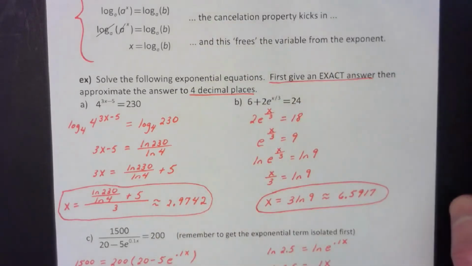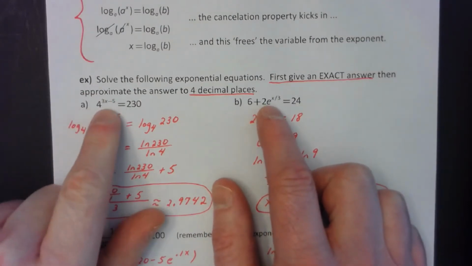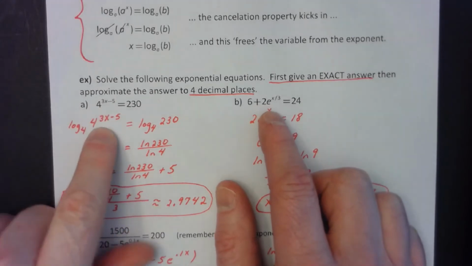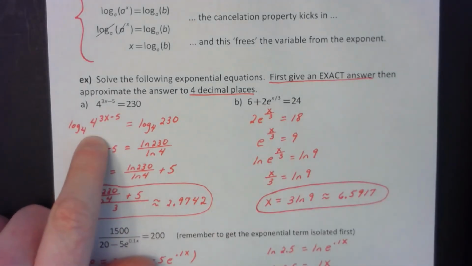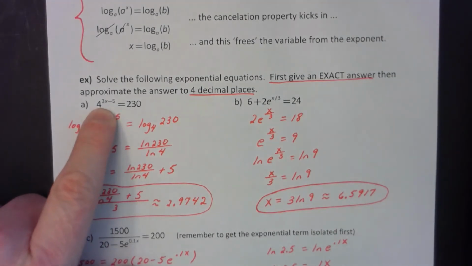Next one. The next one, I'm giving you an exponential function base e. But now, unlike the first one where the very first step I could get rid of that exponential base 4 by taking log base 4, that's because the exponential function was by itself. If the exponential function isn't by itself, the first step is to get it by itself.